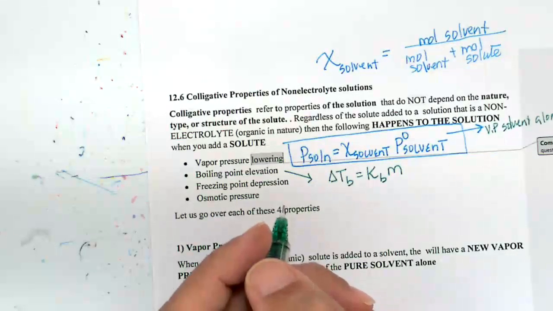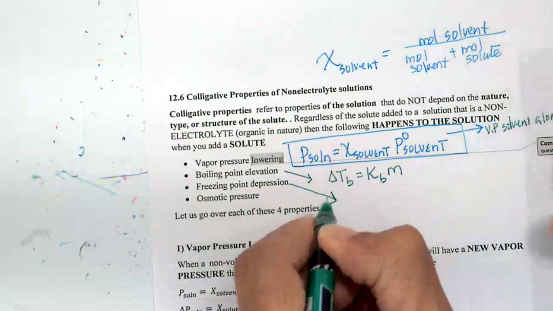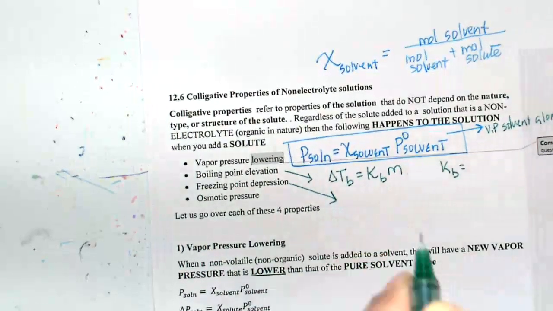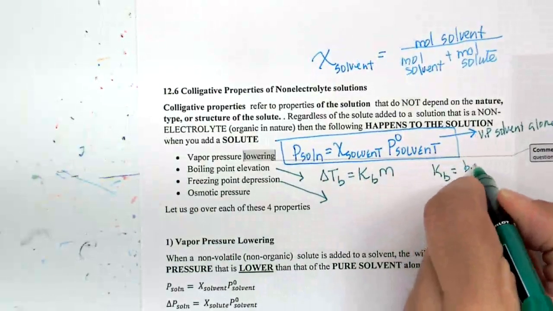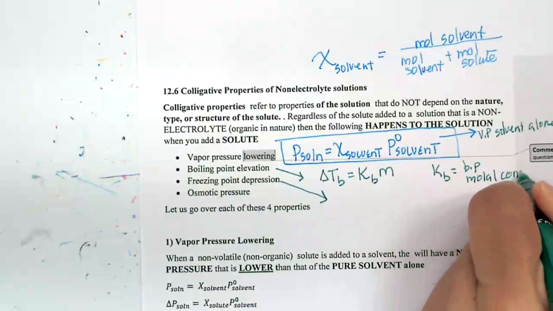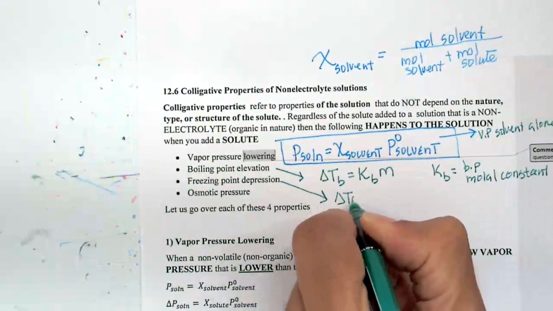What is molality? Moles of solute over what? So this is the boiling point elevation. I'll give you this equation and I'll give you the constant. Kb is the boiling point molal constant.